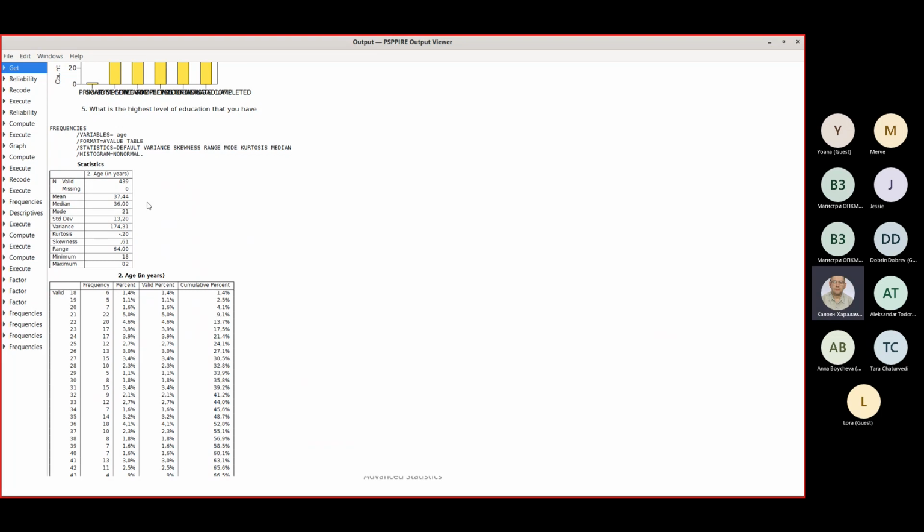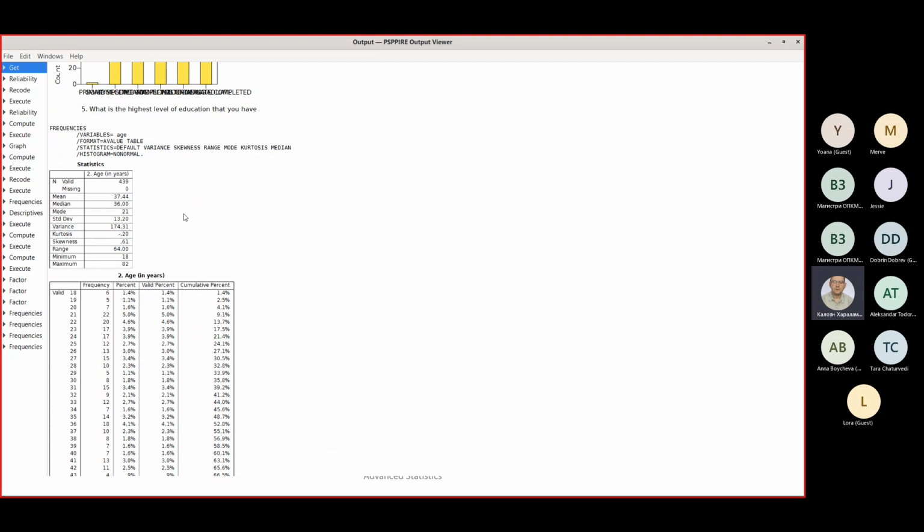That means that half of our population, half of these 439 persons, are less than or equal to 36 years of age.